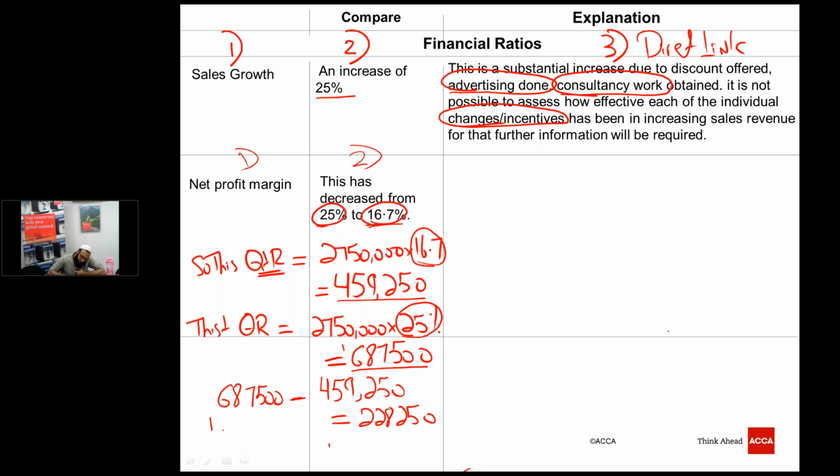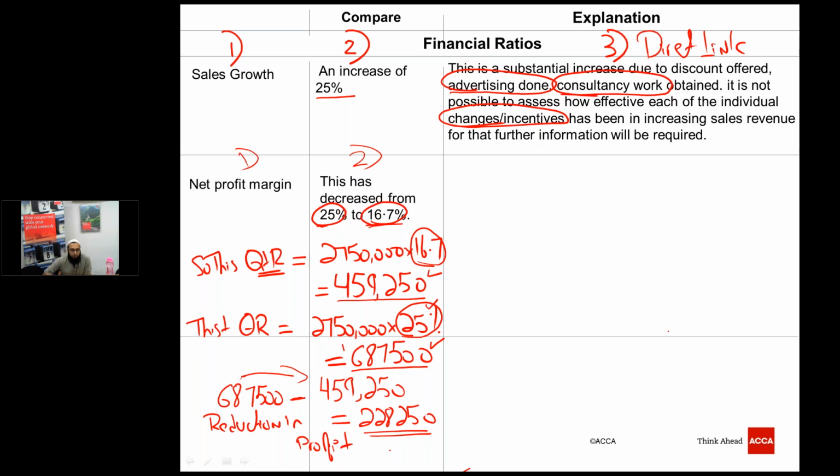This is the reduction in profit. Guys, is this clear? So what I did, I worked out my net profit figure and then I assumed what my net profit would have been at 25%. The figure will be this one. If I deduct this one, the reduction came to 228,250.